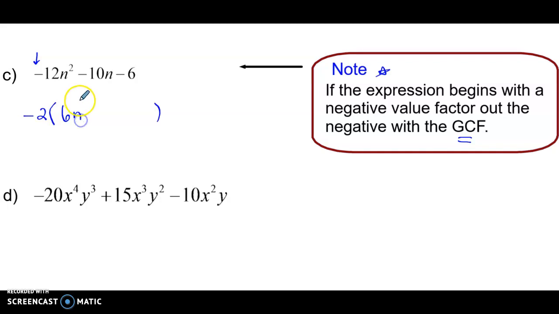And I need that n squared to give me that negative 12 n squared in the original expression. Negative 2 needs to get multiplied by a positive 5n to get back a negative 10n in my original expression. Negative 2 needs to get multiplied by a positive 3 to give me back that negative 6 in my original expression. And this one is factored fully.